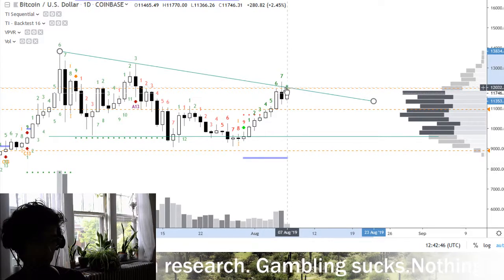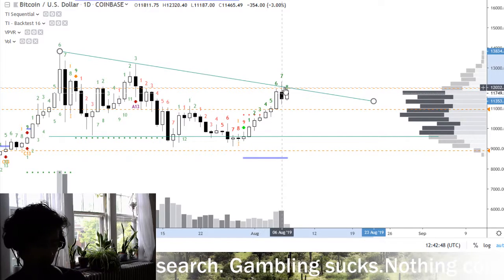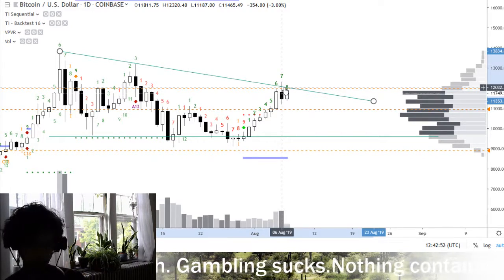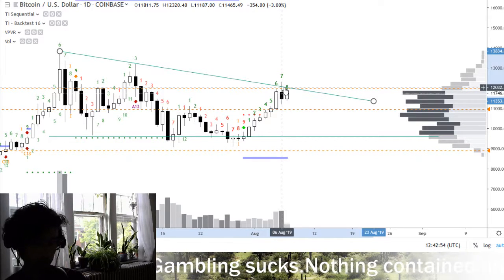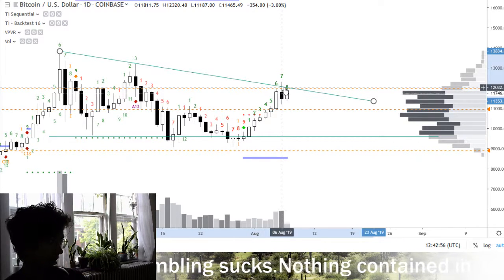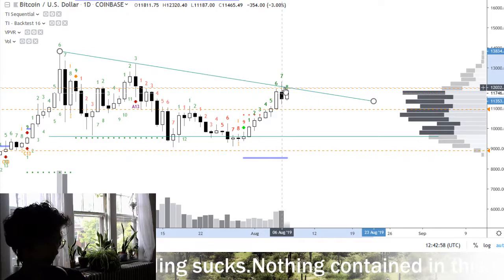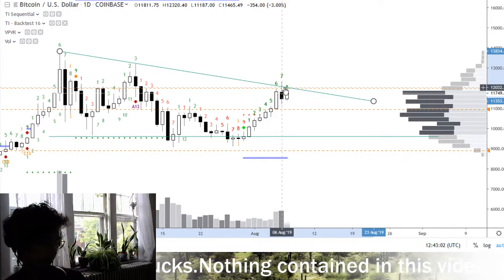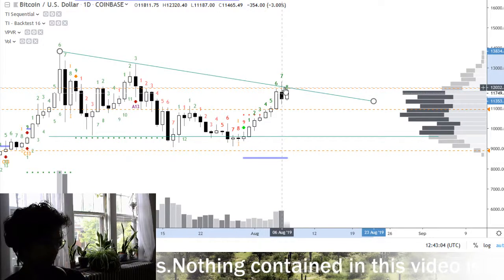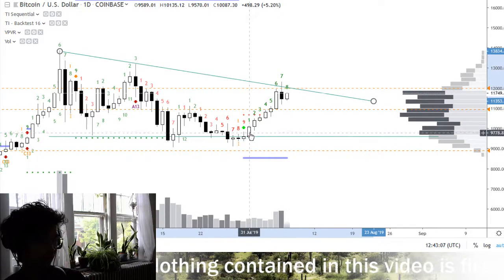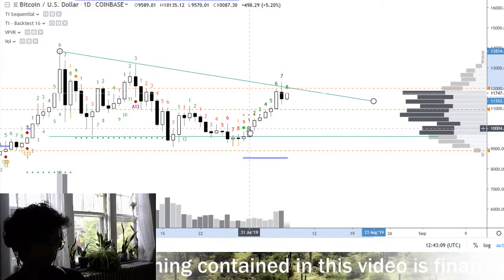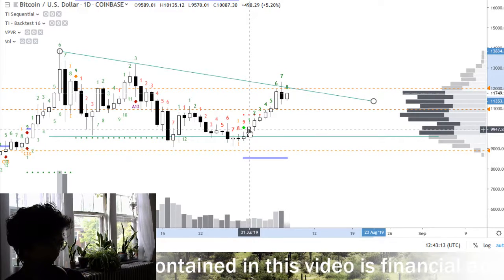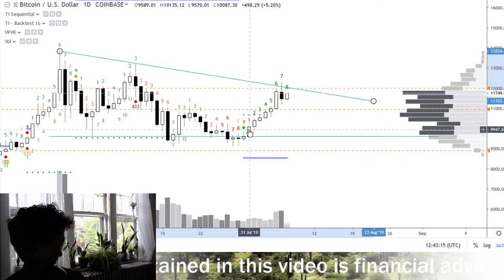I'd maybe take a little bit of profit depending on your position size and how much profit you've taken already. For me, I'm still in 30, maybe 25% of my long from up here. And I'm happy about it.